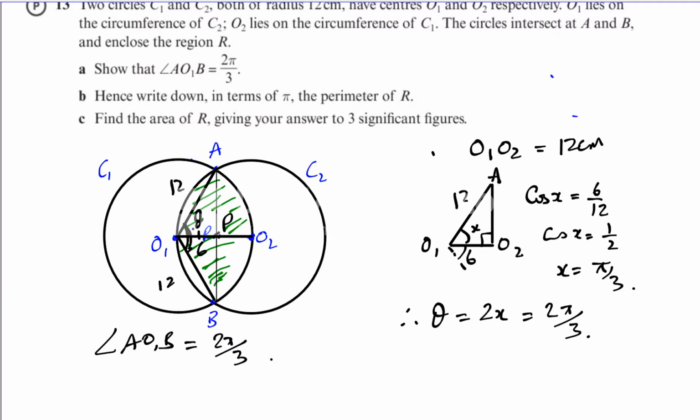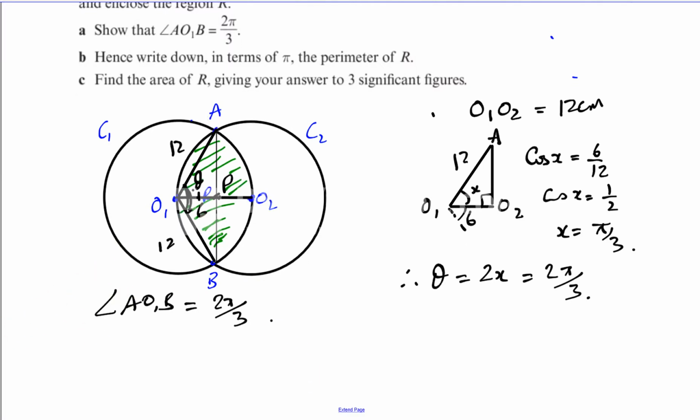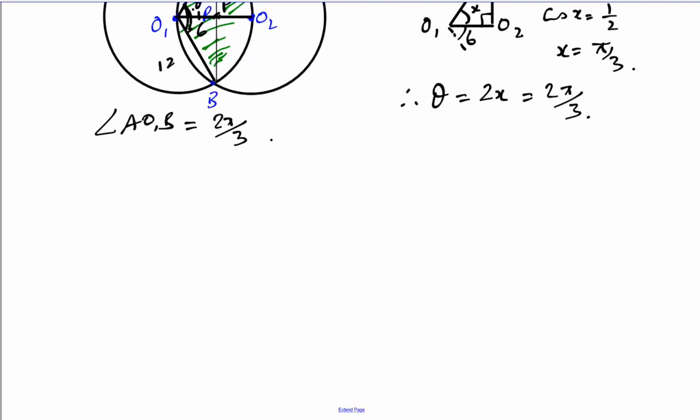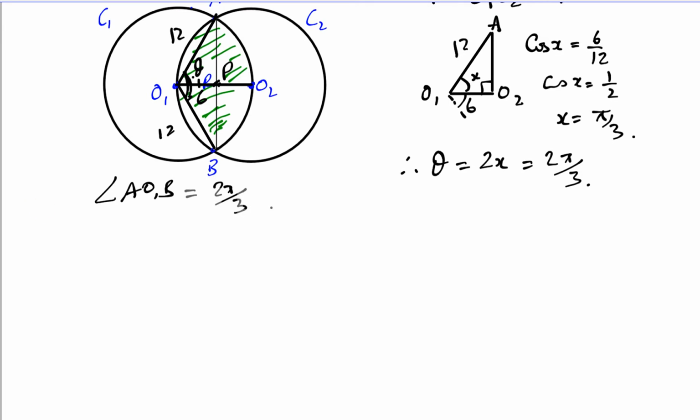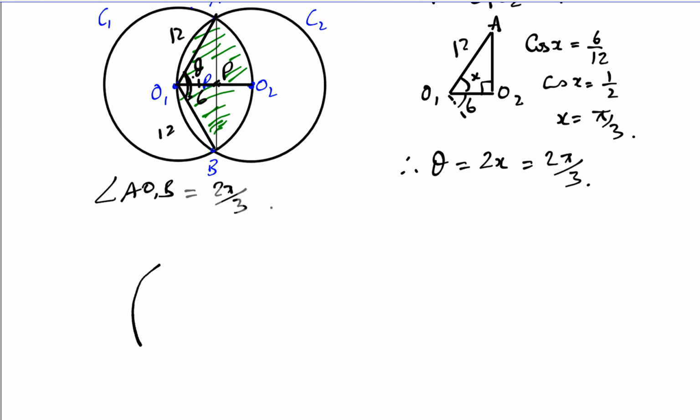So now we've got to write down the perimeter of this whole arc. So what we could do is we can see that it's made up of this arc of this particular sector. I'll just draw it by pen. We have like this arc, that's like A, that's like B, and that's like O1.